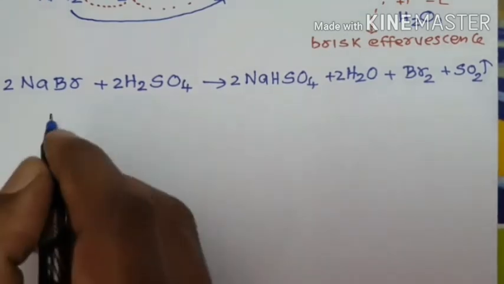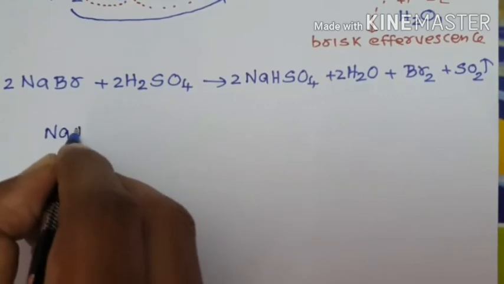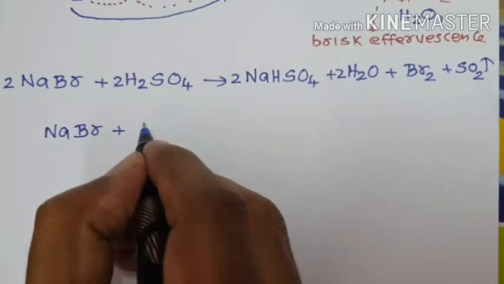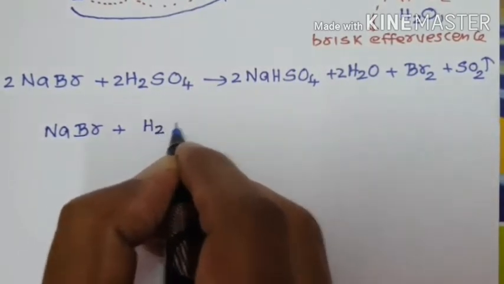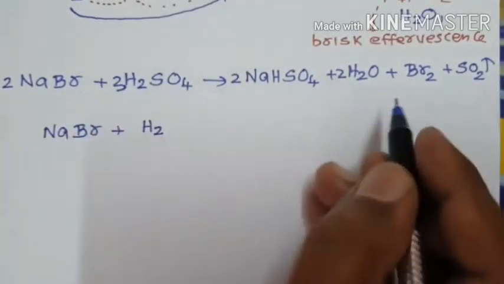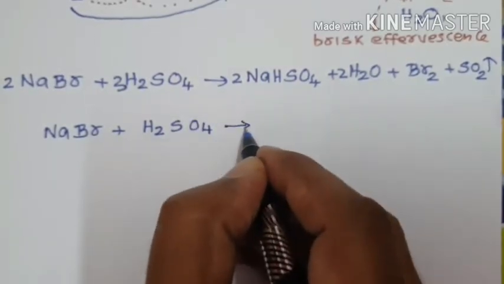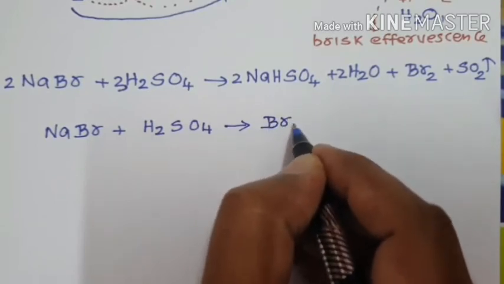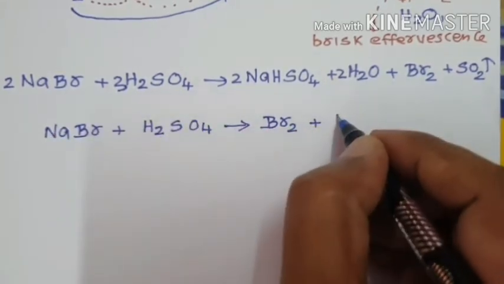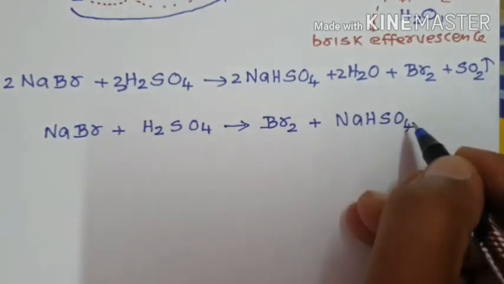So in the first step, sodium bromide, NaBr, is treated with sulfuric acid, H2SO4. Sulfuric acid oxidizes sodium bromide into bromine, and sodium combines with the bisulfate to give sodium bisulfate, like our potassium bisulfate.